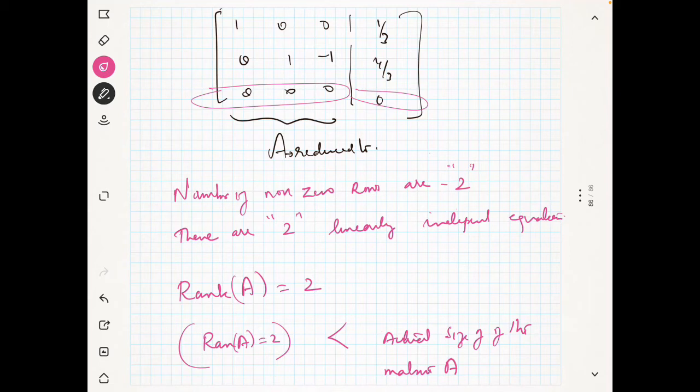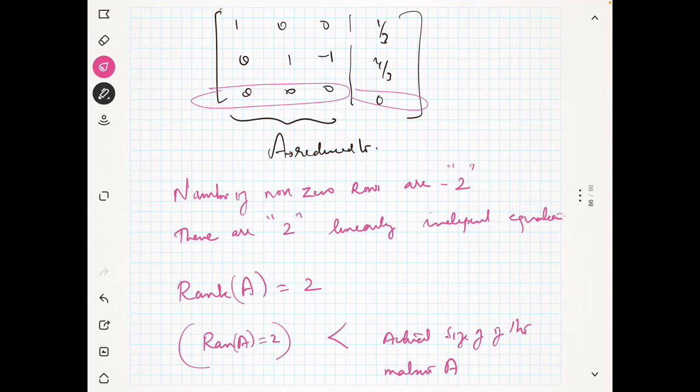That means there are only 2 independent equations, and the third equation you can write as a combination. If you take 2 equations, they are independent, but if you consider 3 equations, only 2 are independent, one is actually depending on another. That's why.